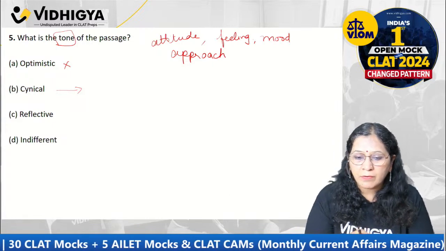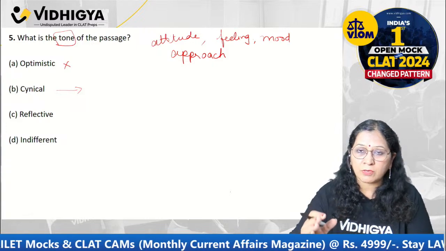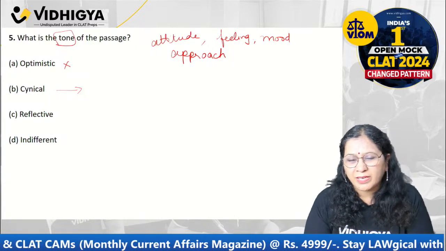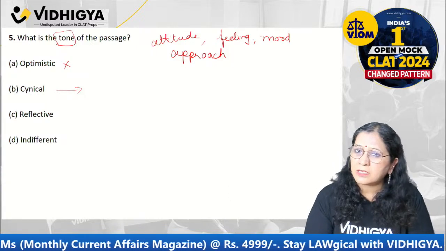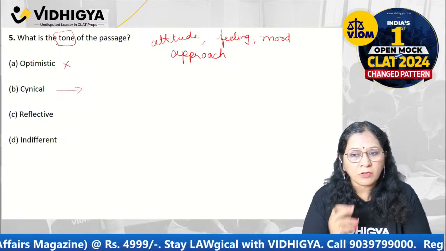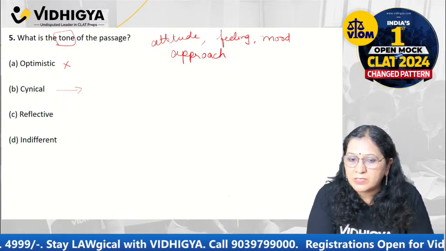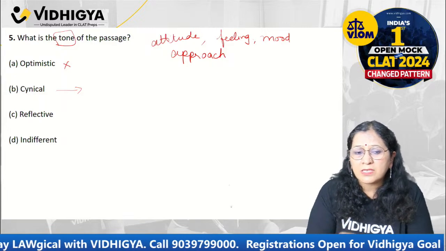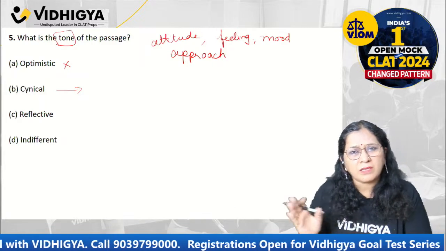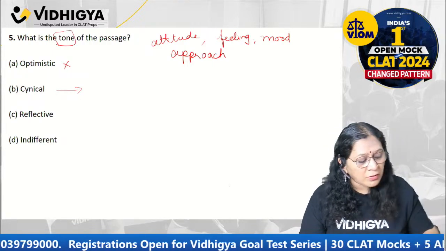Okay, so optimistic means great, very good things will happen ahead. Pessimistic, it will be bad. And cynical, it won't be good, who knows what will happen. If such a thought comes to us, that we do not believe in something at face value, right? We always understand that there is some ulterior motive behind somebody's action. That is cynicism. So that will not be the tone of the author.